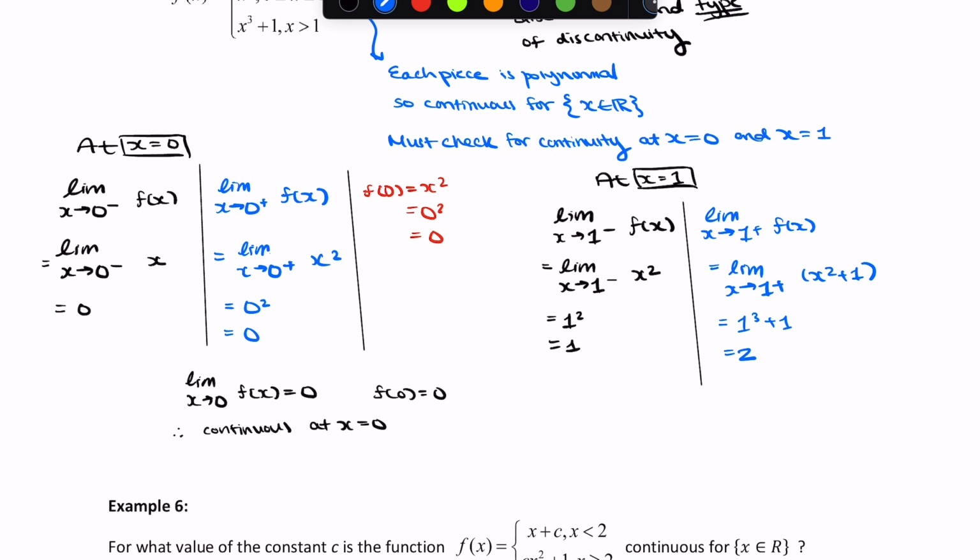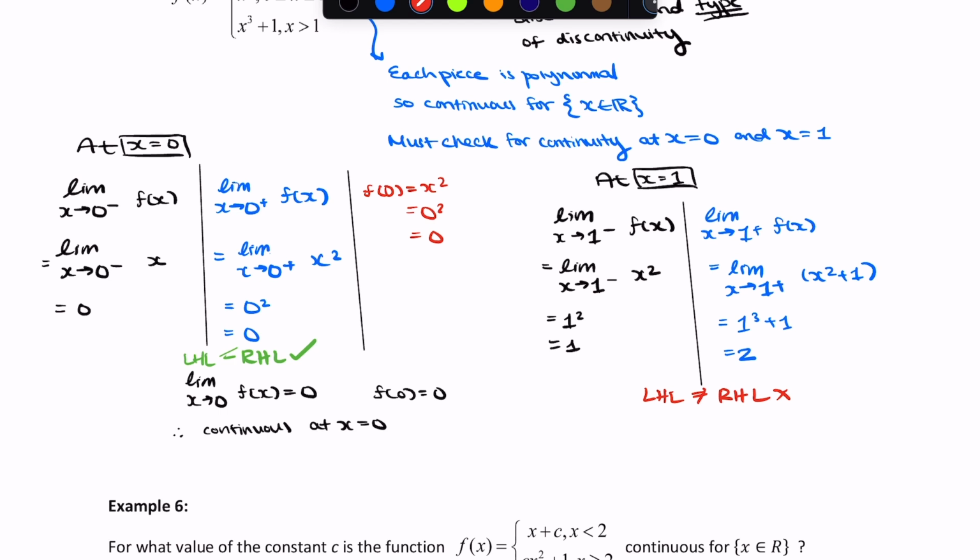So here, the left-hand limit does not equal the right-hand limit. You can write that on the other side here. The previous example, the left-hand limit did equal the right-hand limit. Right.